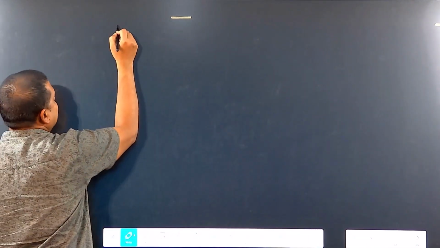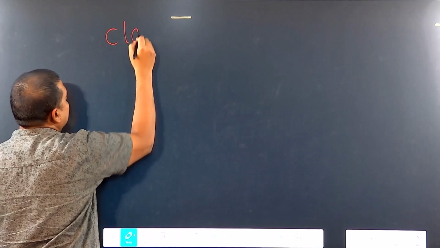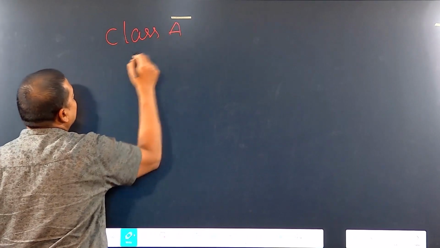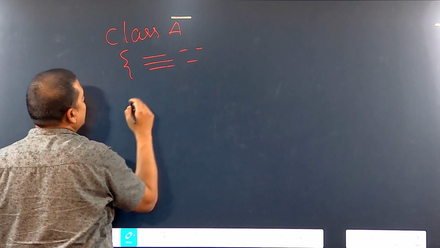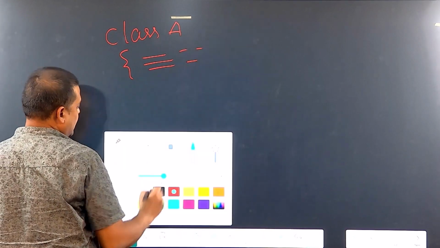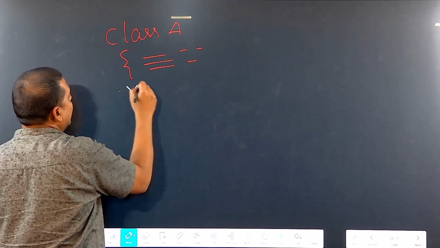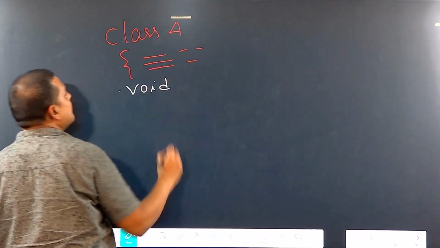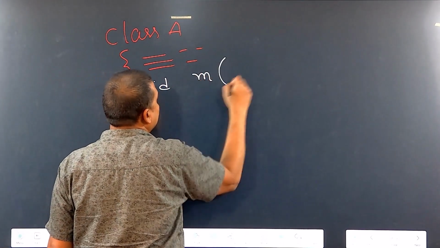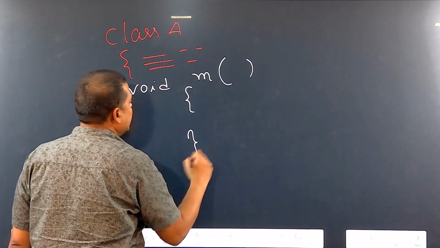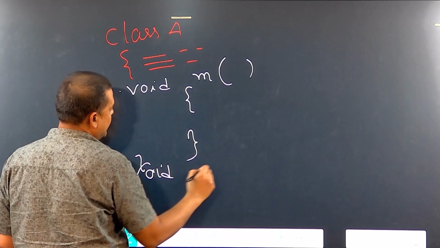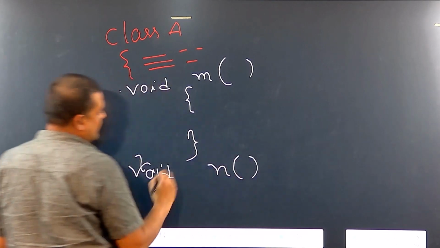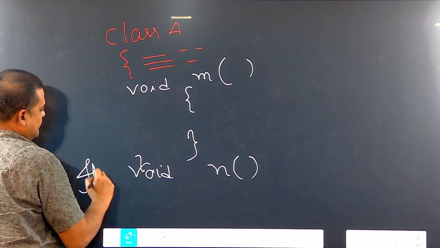Let us have a look at the behavior of final with a method. Say for example, this is again a class A, and there are some variables, and along with this some methods: void m is a method, and void n is another method, and n is declared as final.